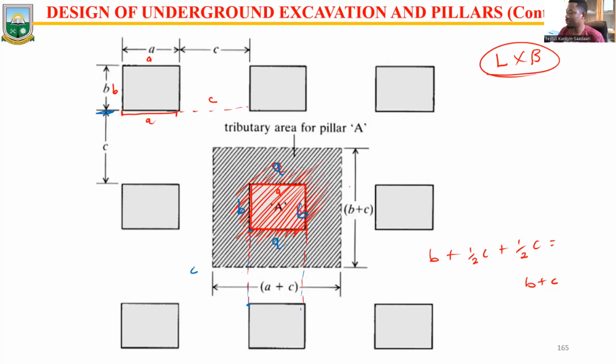C. So this one is going to take half of the load here, and this will be half of C. This is also going to take half of this load here, and that will be half of C. Then I come here, this distance is known.